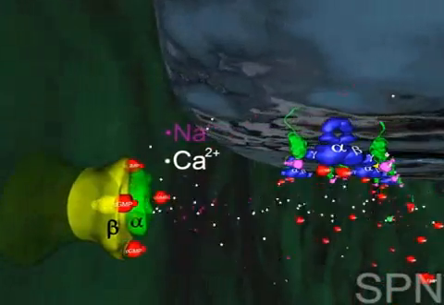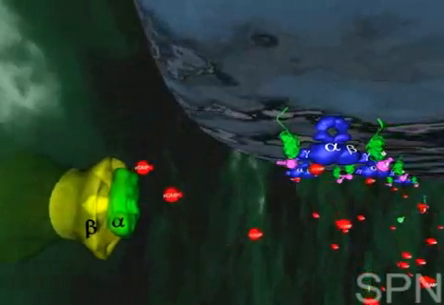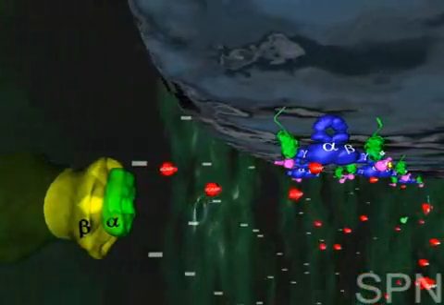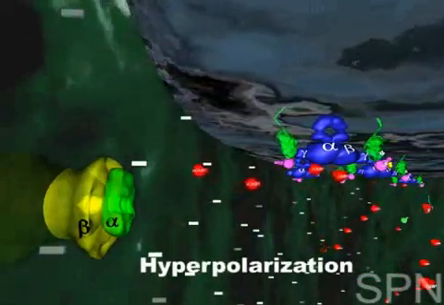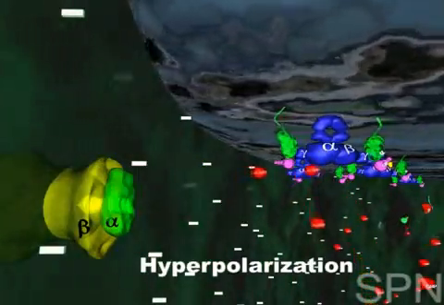The drop in cyclic GMP levels leads to the cation channel's closure in the plasma membrane and blockage of sodium and calcium influx. Consequently, the photoreceptor membrane hyperpolarizes, generating a direct flow of electric current along the membrane.